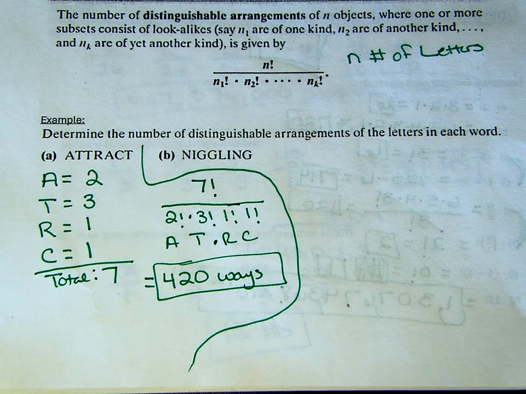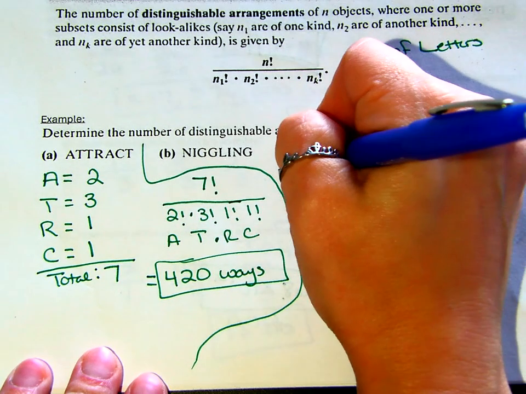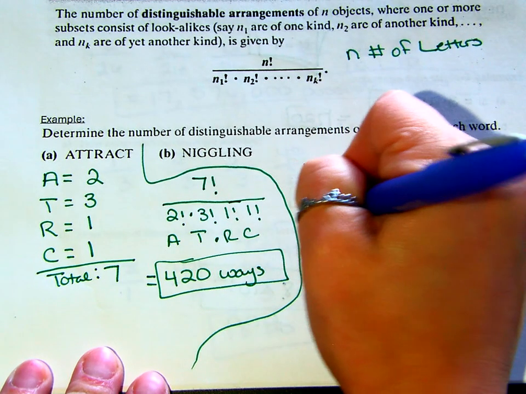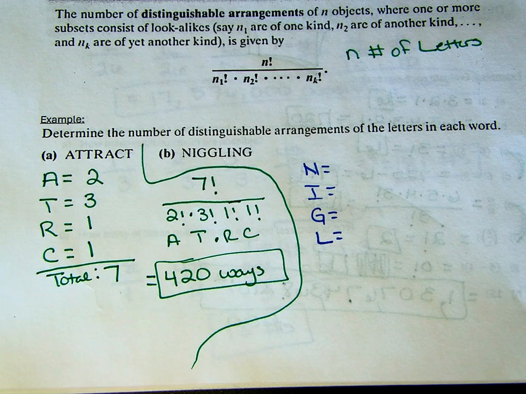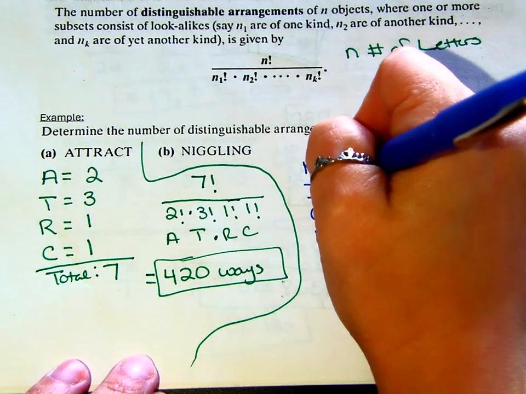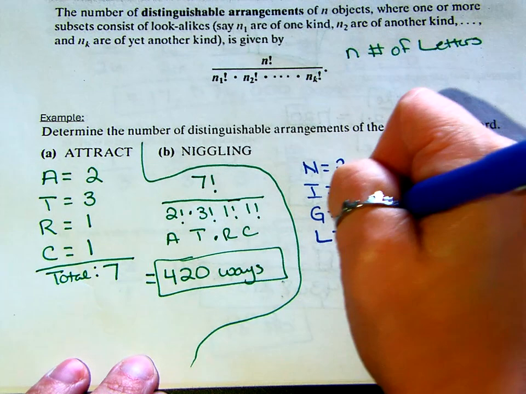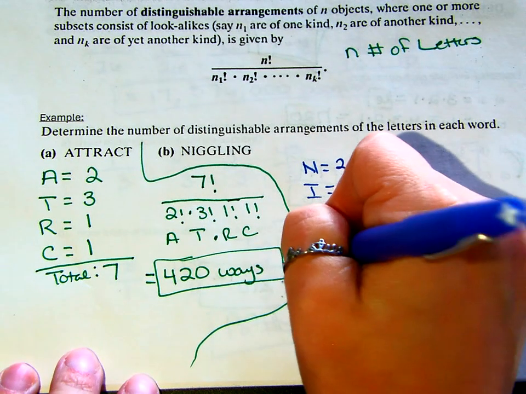Okay, we're going to do the same thing for B. Niggling has N's, I's, G's, and L's. And then it has an I, N, G again, which we already covered. There are 2 N's, 2 I's, 3 G's, 1 L. Total number of letters is what? 8. 2 plus 2 is 4. 3 plus 1 is 4, so that's 8.